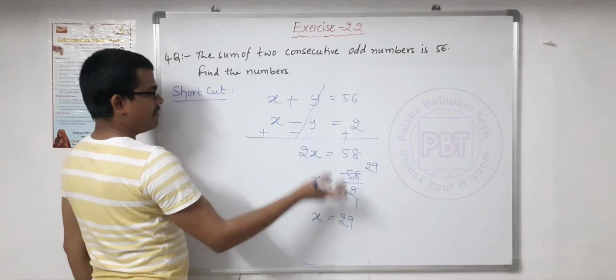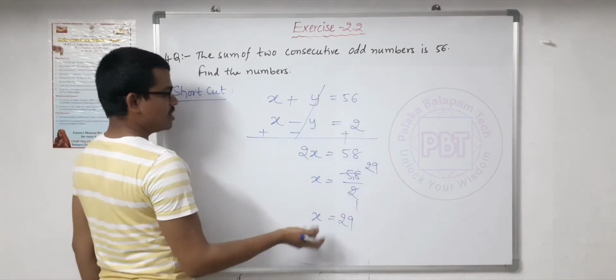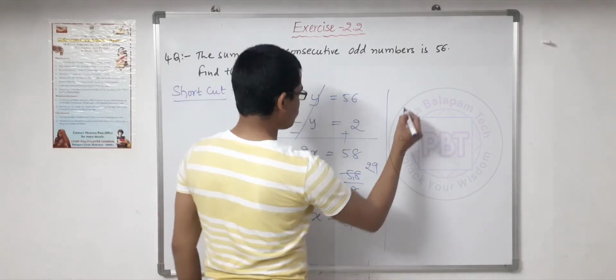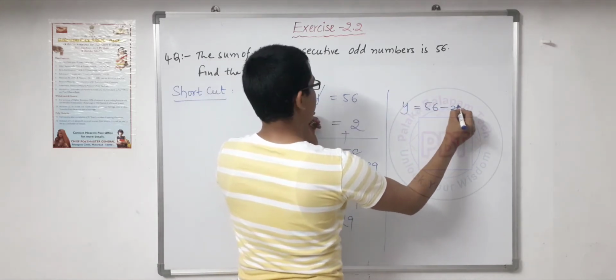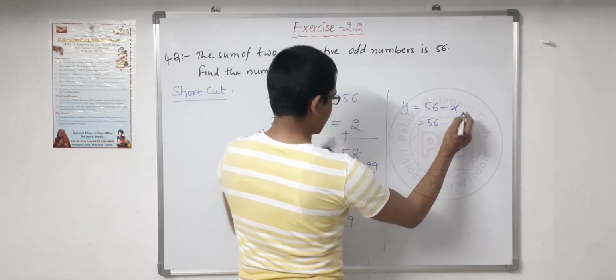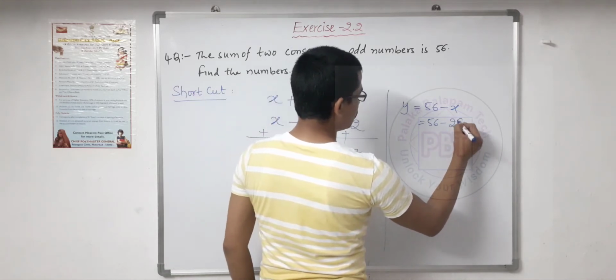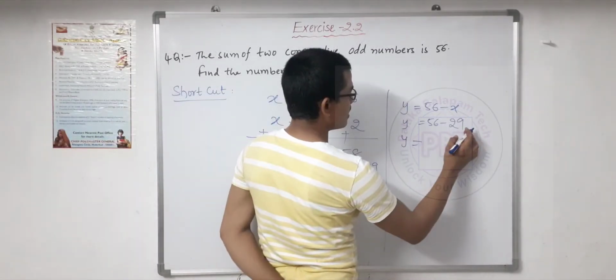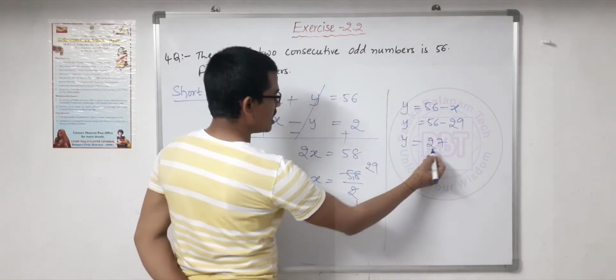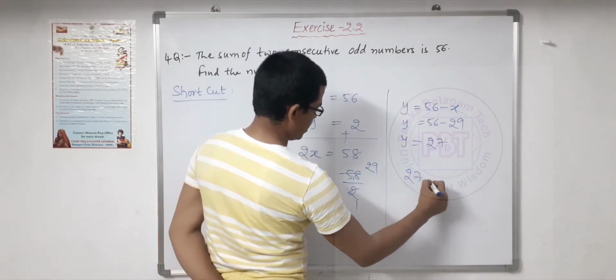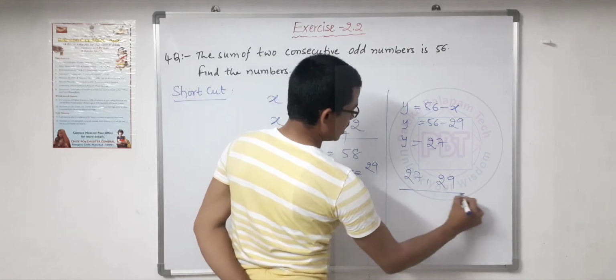Substitute the x value in the first equation to get y. From the first equation, y equal to 56 minus x, which is 56 minus 29, which is 27. So the two consecutive odd numbers are 27 and 29.